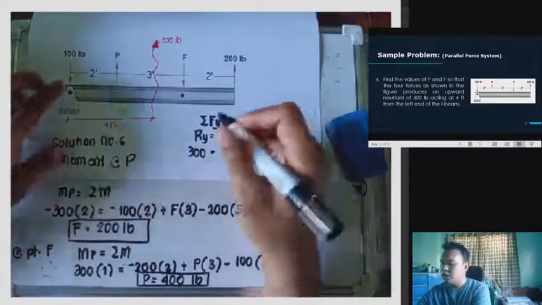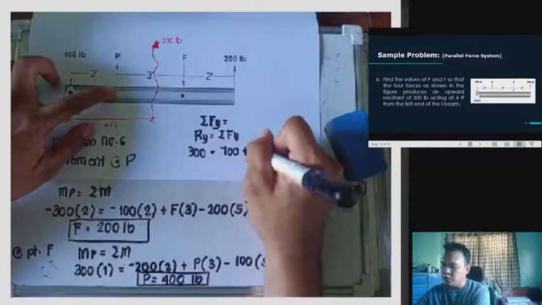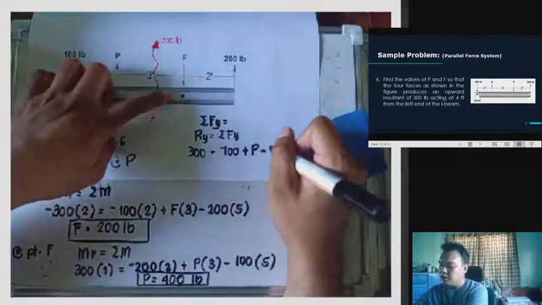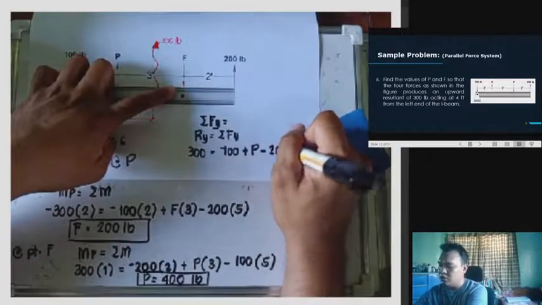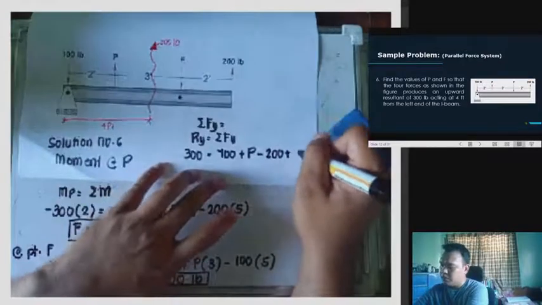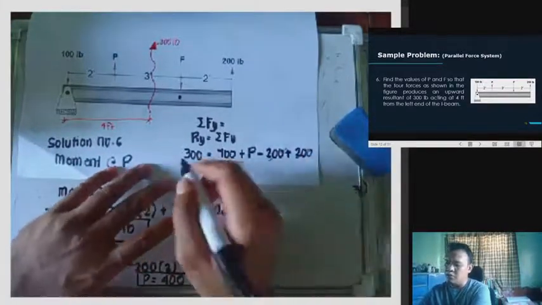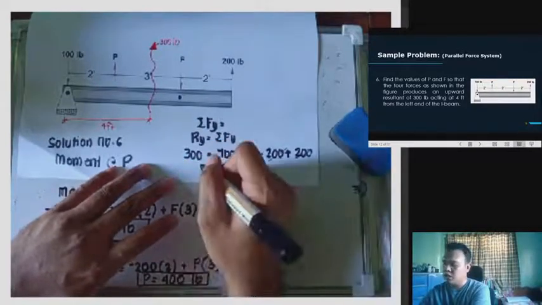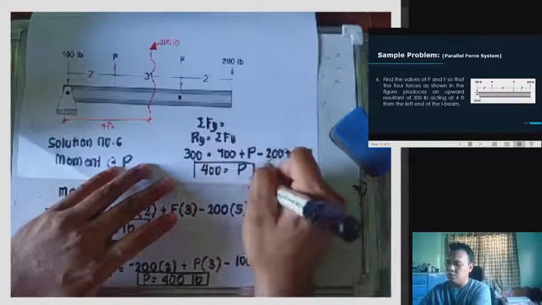So we have here negative 100 going down, positive P going up, negative F which is equivalent to 200 to, then positive going up, positive 200. So ito ay mas 0 agad, tapos ito lilipat doon, 300 plus 100. So 400 is equivalent kay P. So pareho lang po yan, no?